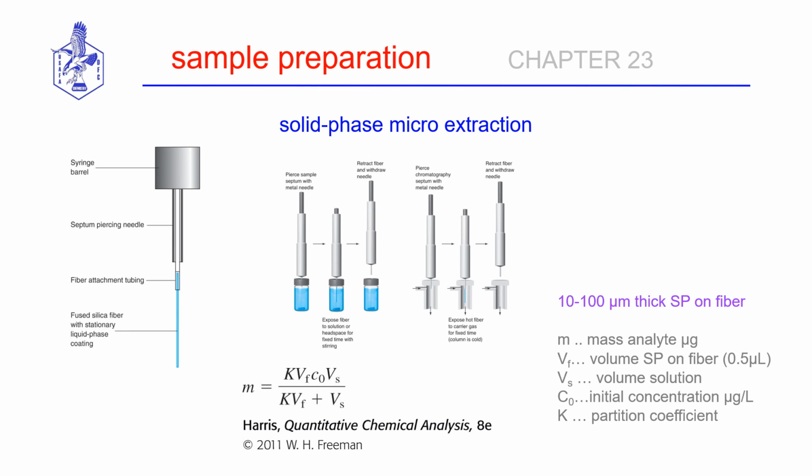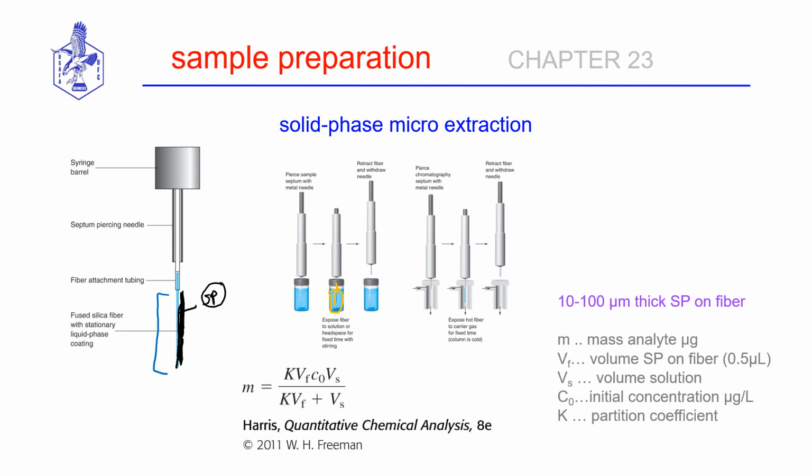We have a syringe that when we press the plunger, we expose this fiber down here. The fiber has attached some kind of stationary phase material. So there's a coating on the surface of the fiber of some stationary phase. And you're going to expose that fiber down into your solution.